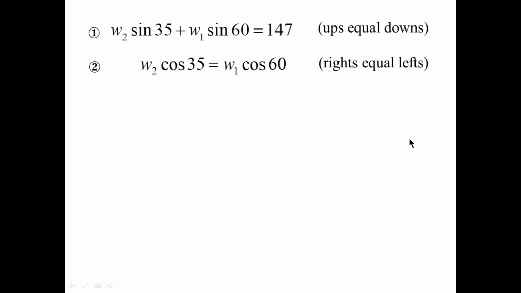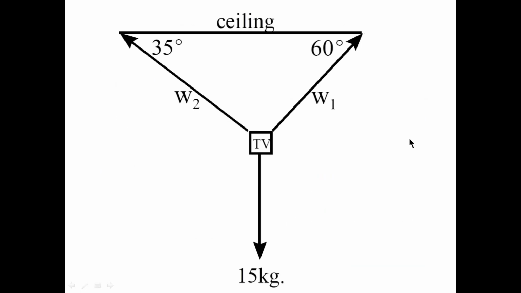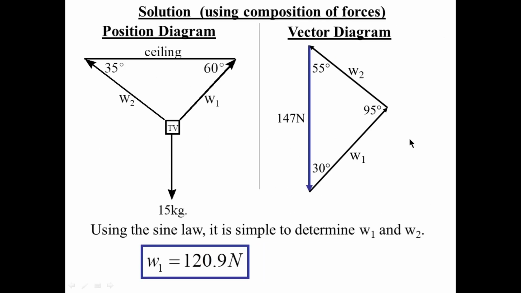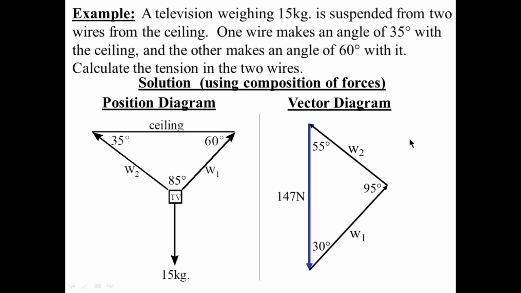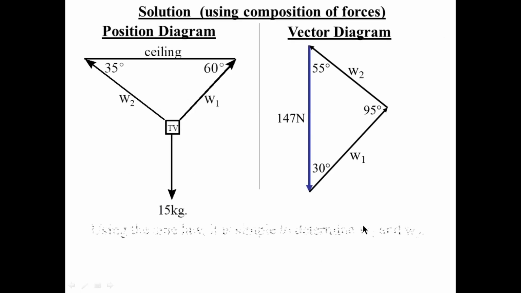Quick review of what we've done here. We've done a single question, and we did it in two ways. First, we did it by using a vector diagram where we transferred the three vectors and made a triangle and worked hard to put the angles in it, and then just used a sine law. It's one way to do it. It's called composition of forces.